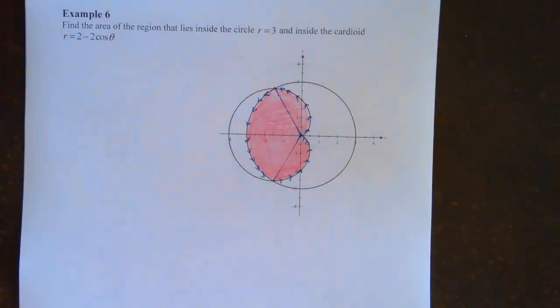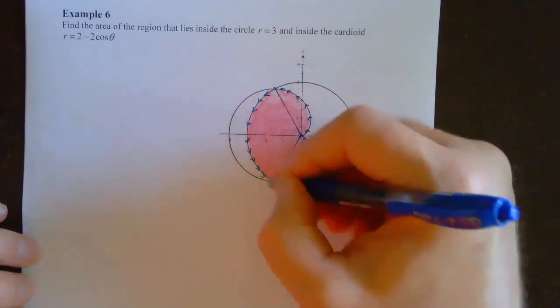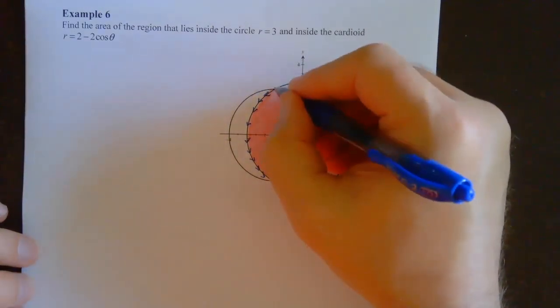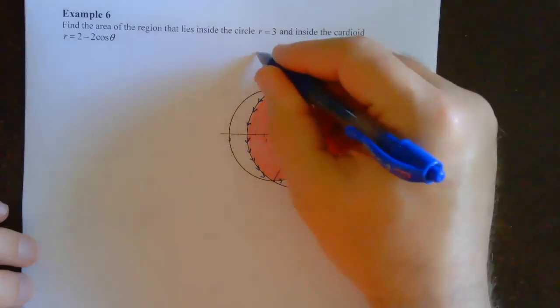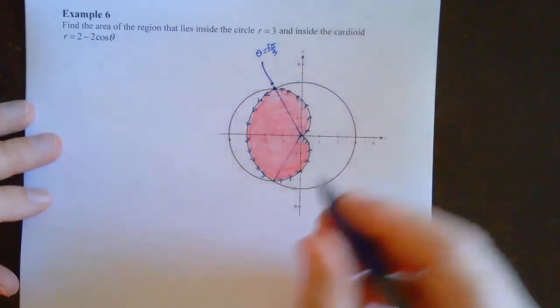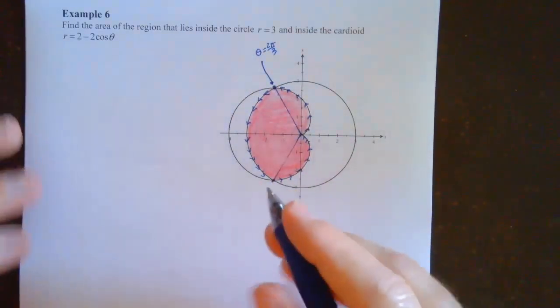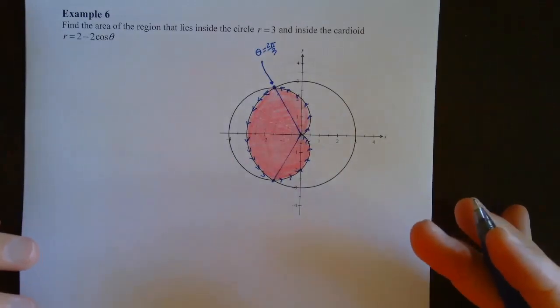Okay, so this angle, since we want to go from here to here, I'm going to call this one 2 pi over 3 and this one 4 pi over 3. So this is going to be theta is equal to 2 pi over 3. And I did these all differently. I mean, it's the same one, but I did them all differently so you get this idea of what's inside, what's outside, and heck, there's nothing inside and outside.